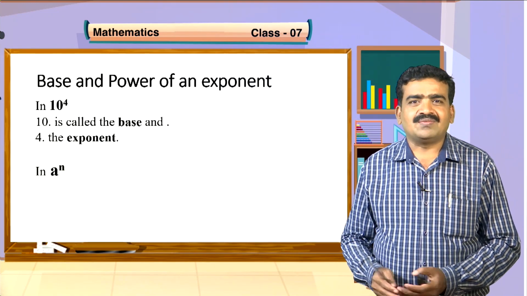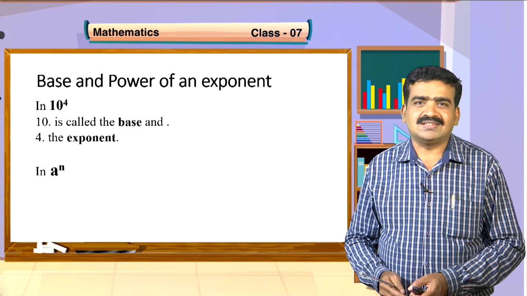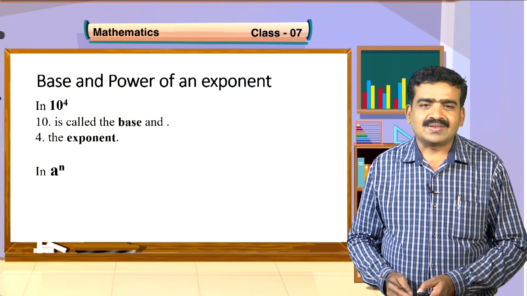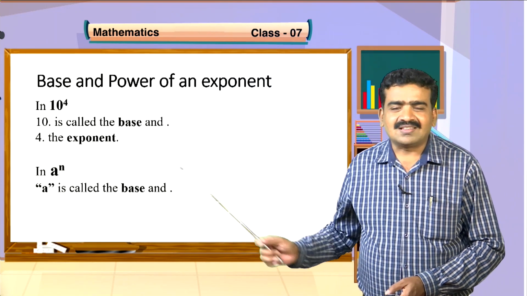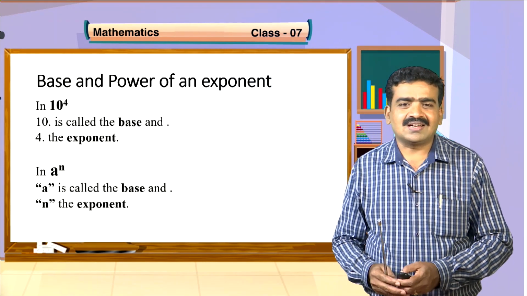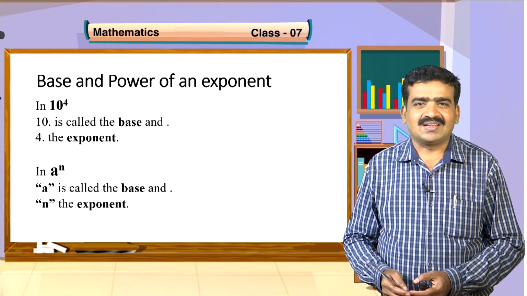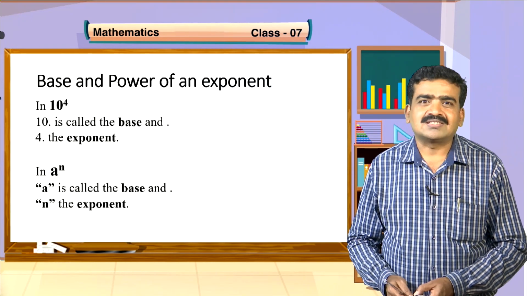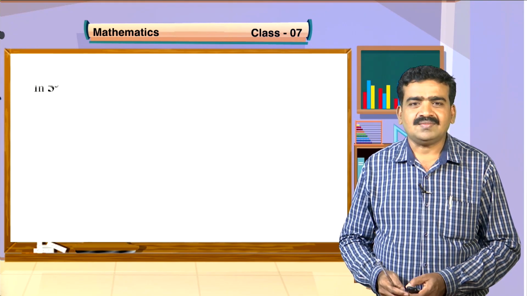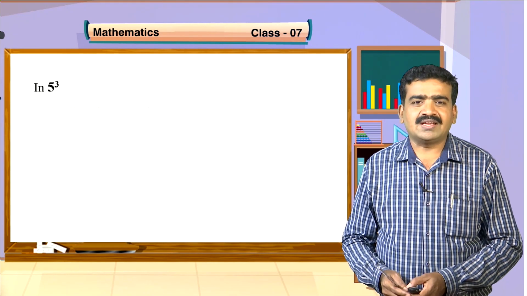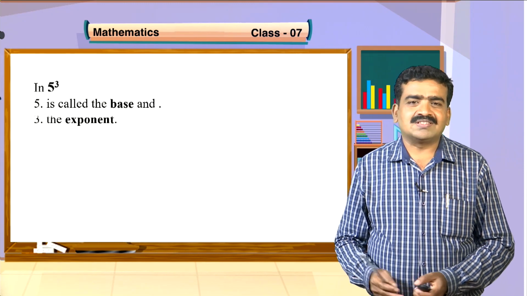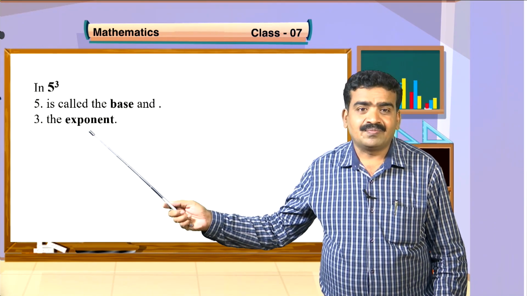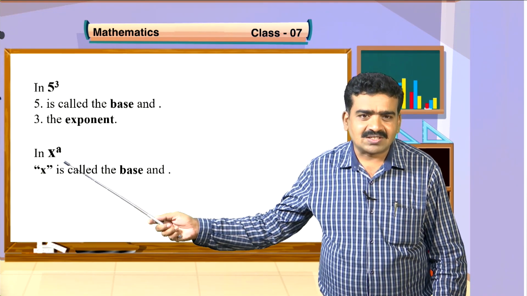Similarly, if there is a to the power of n, can you tell me what is the base here? Yes, you are right, a is called the base, then n is called the exponent. This is how we name the base and exponent or base and power. In case of 5 to the power of 3, 5 is called base and 3 is called exponent or power.